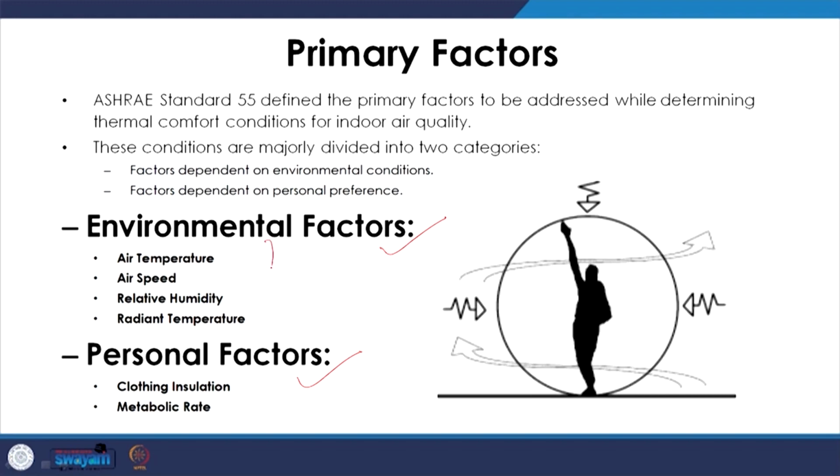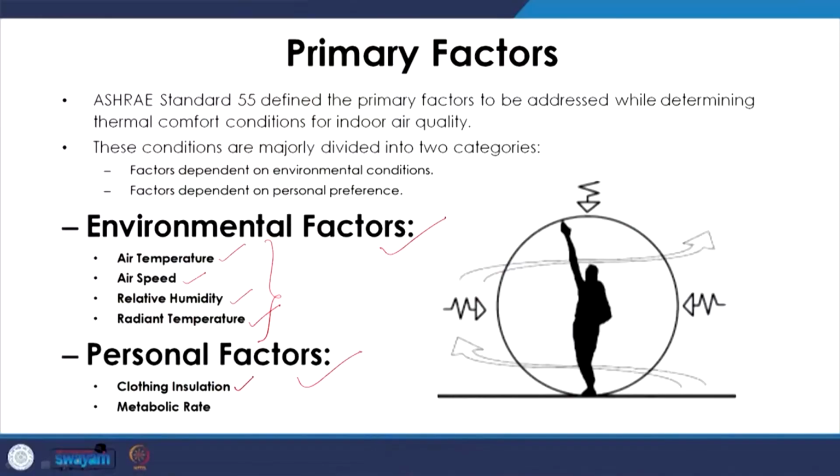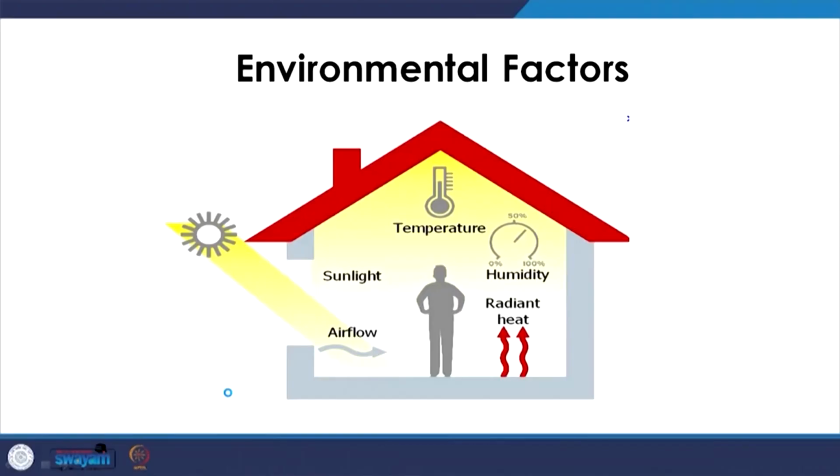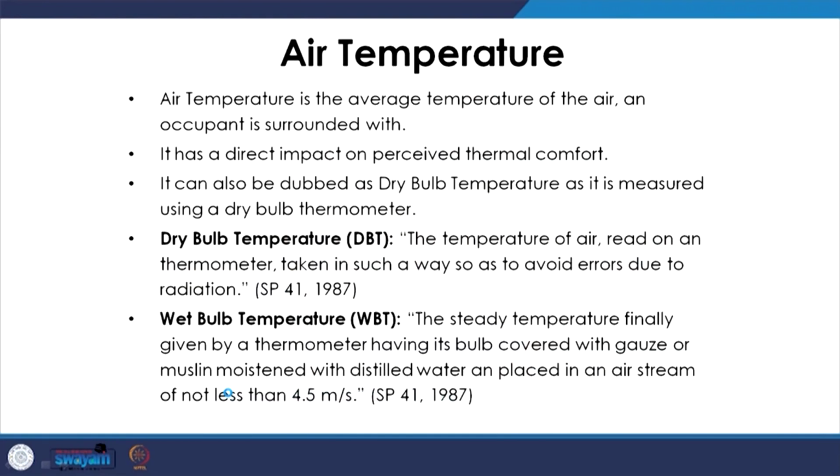There are four environmental factors: air temperature, air speed, relative humidity and radiant temperature. In addition to these more predominant environmental factors, we also have clothing insulation and metabolic rate. Together, these 6 parameters interact to determine whether a person will be experiencing thermal comfort or not. Now, let us look at each of these primary factors individually.